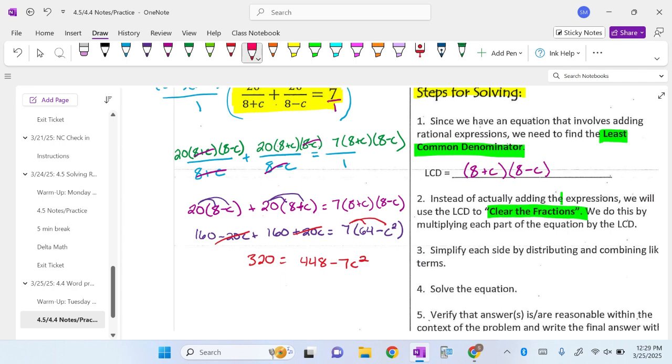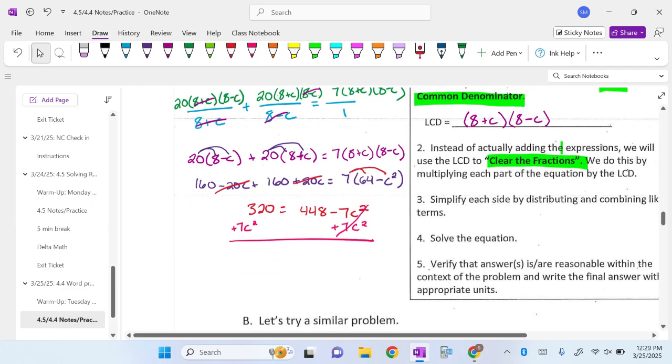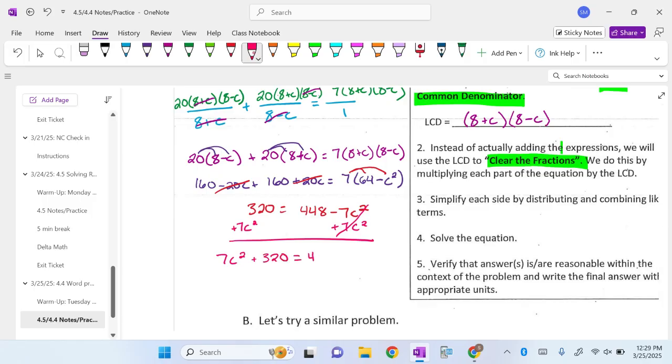So I'm actually going to add 7C squared to both sides. So that gives me 7C squared plus 320 is equal to 448. And then subtract the 448 from both sides.